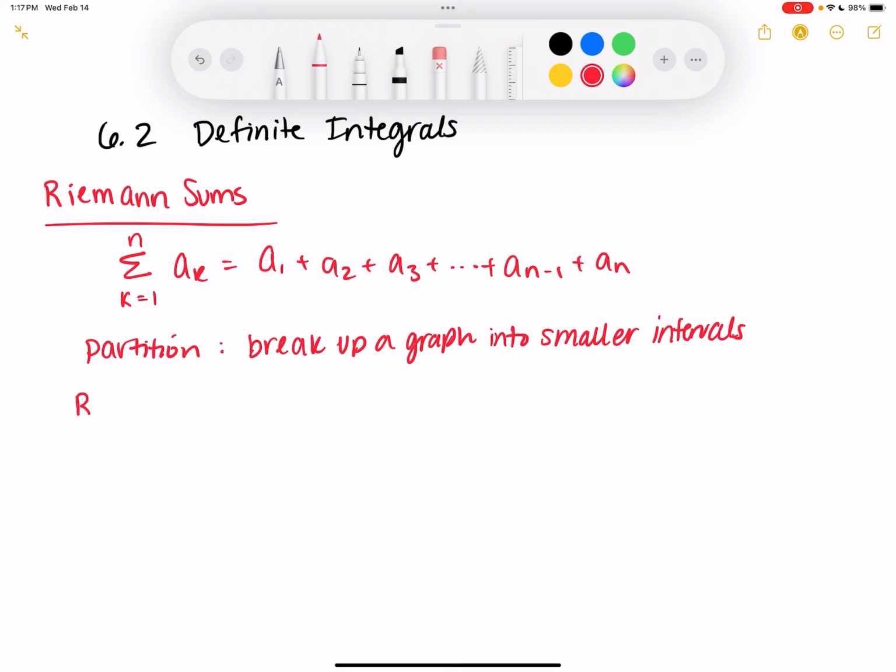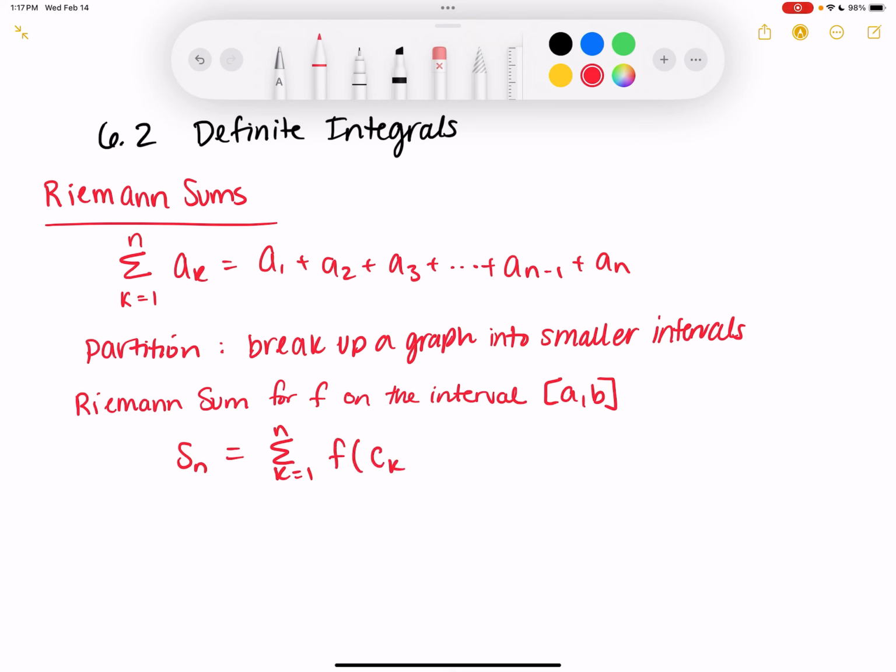And so then the Riemann sum for f on the interval from a to b is S sub n equals the summation of k equals 1 to n of f of c sub k delta x sub k. And I promise that the problems that deal with this are not as complicated as this formula makes it look. It looks scary, but it's not.